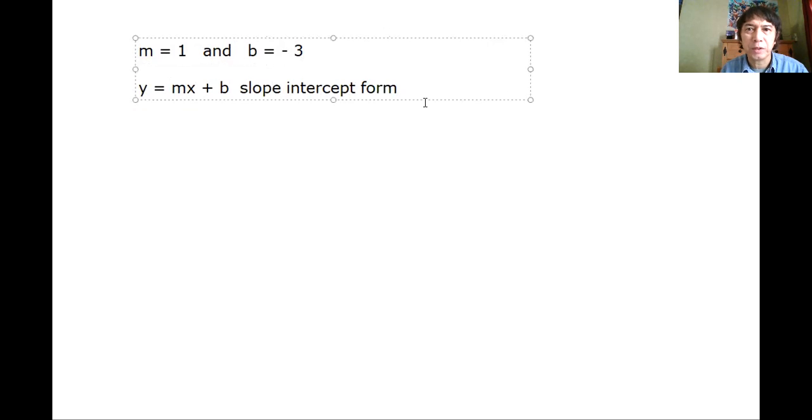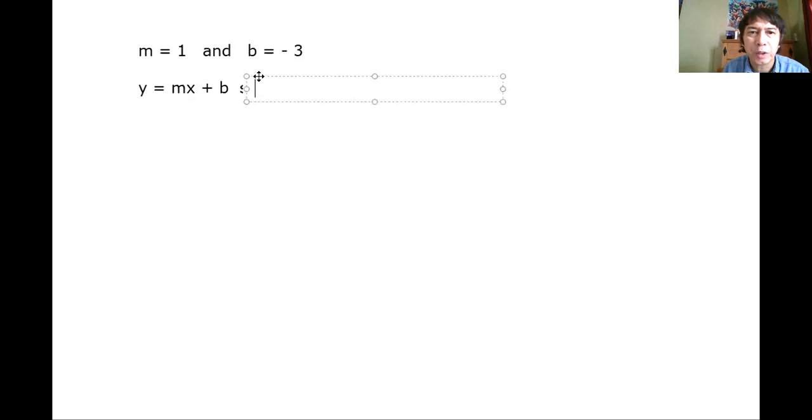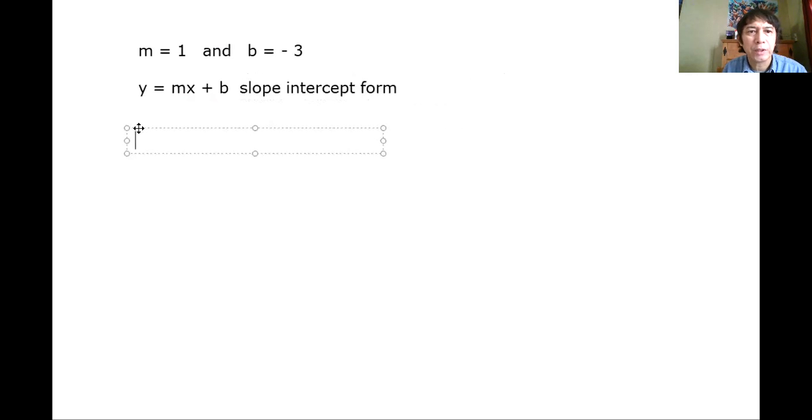This is the slope-intercept form. Okay. Now, we shall be able to write the solution over here. Now, direct substitution. y equals mx means 1x, or 1 times x, plus -3. Then we simplify. This will just appear y equals 1x is simply x, and then plus -3 becomes -3.